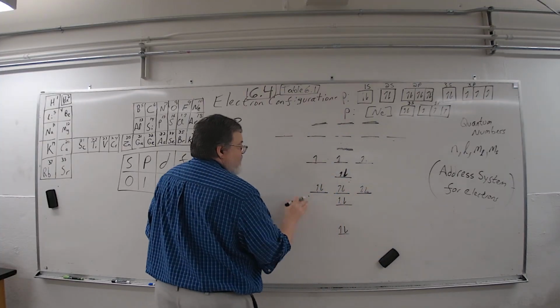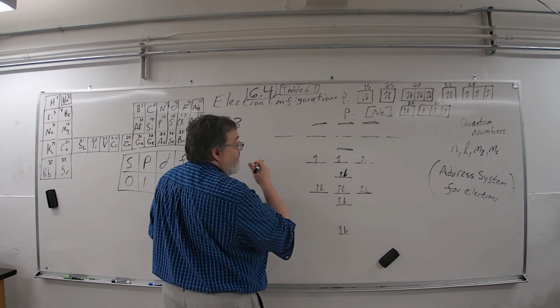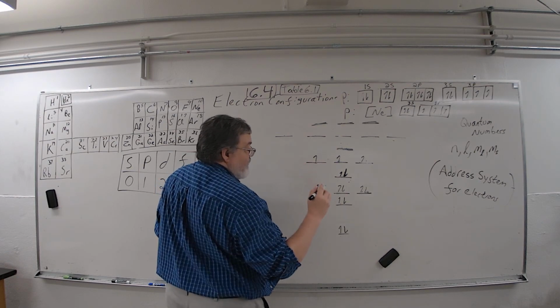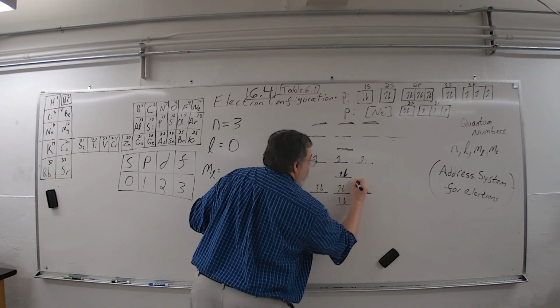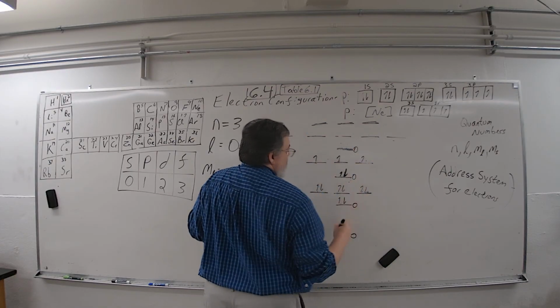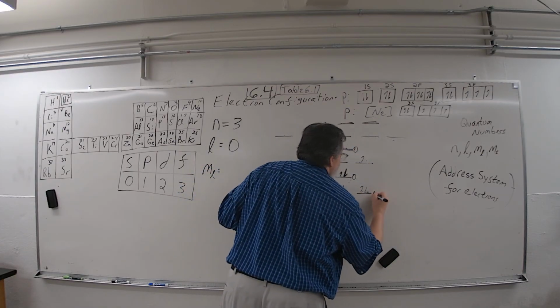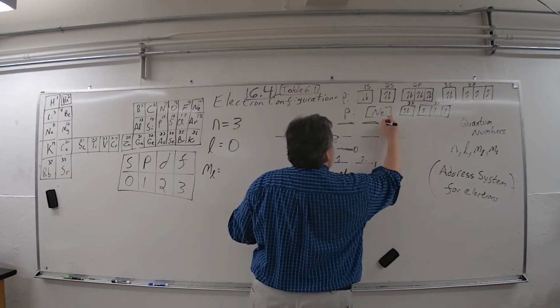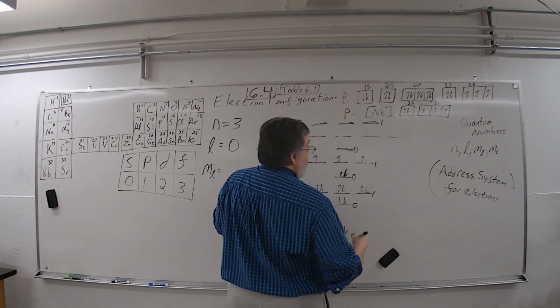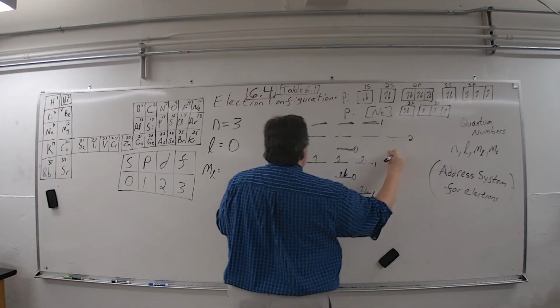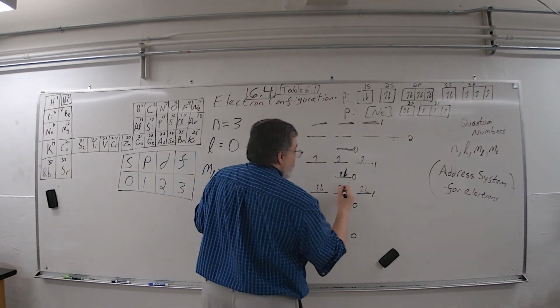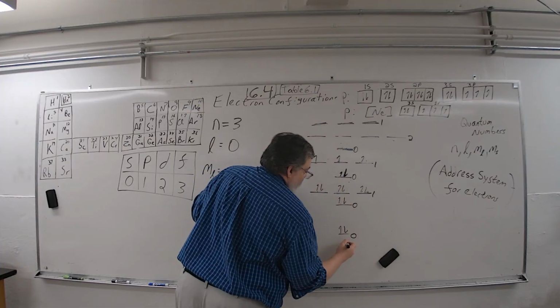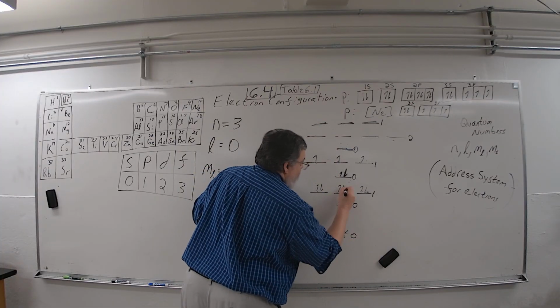Okay, this is the 1s, the 2s, the 3s. So if it's an S-type orbital, we call it 0. If it's a p-type orbital, we call it 1. If it's a d-type orbital, it's a 2. So for that one, L is 0. And then the M sub L is this. If you're right in the middle, it's 0.